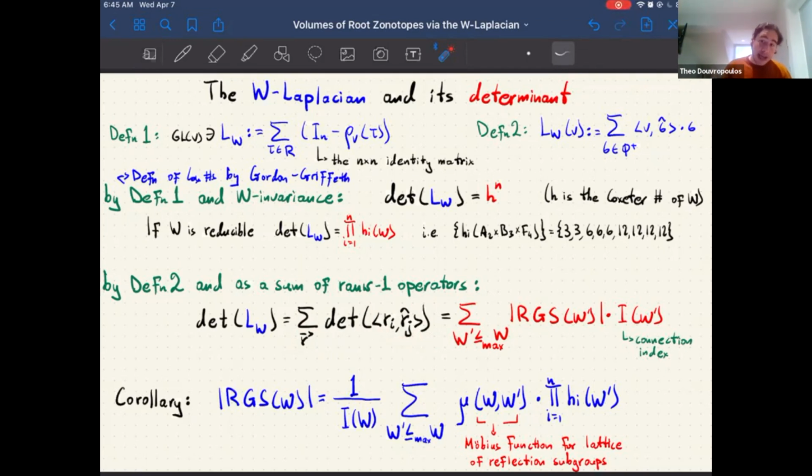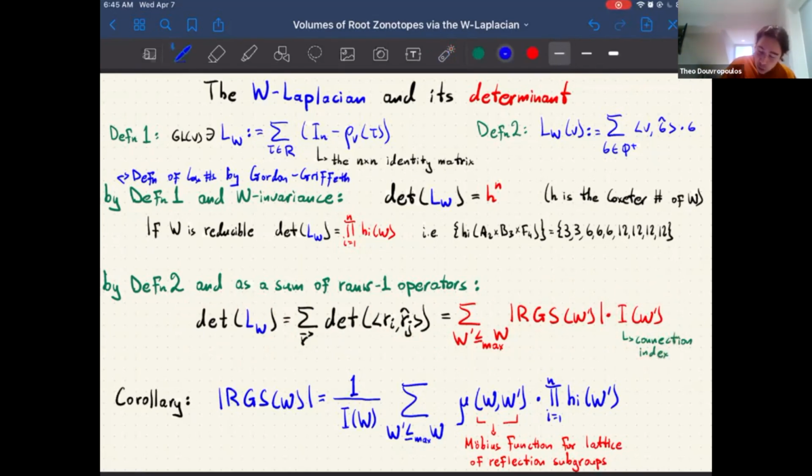So what you get is the Cartan determinant of the group they generate, so you get the connection index of the group they generate. And this is the second formula. The second formula tells you that the determinant of the Laplacian matrix is the sum over all reflection generating sets of maximal reflection subgroups times the connection index.